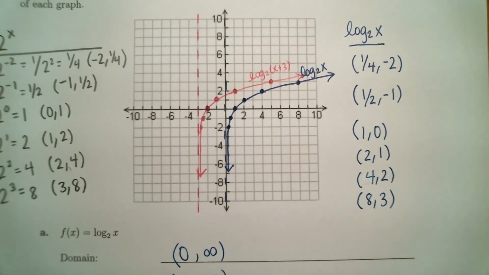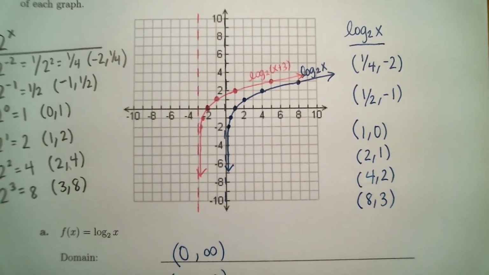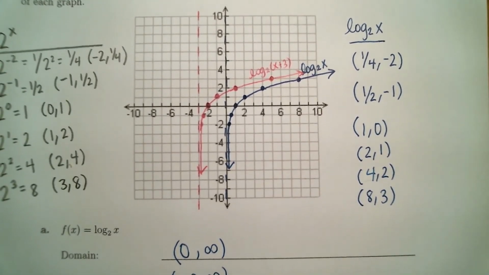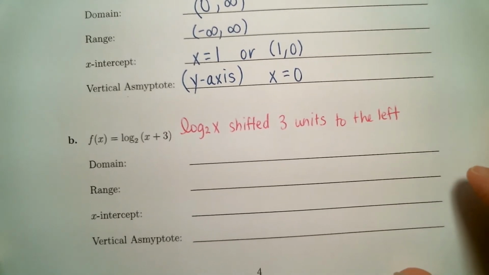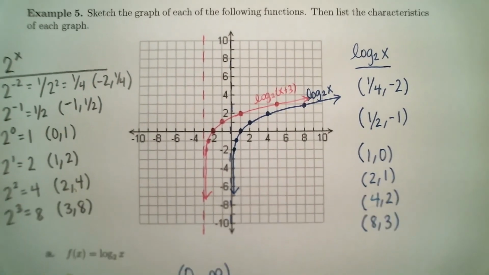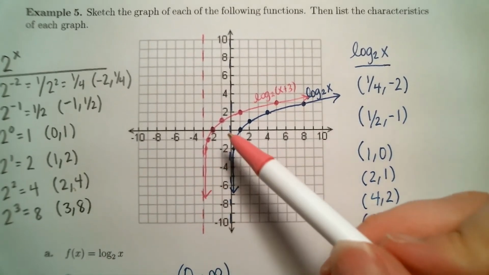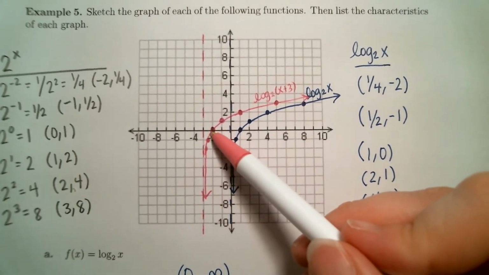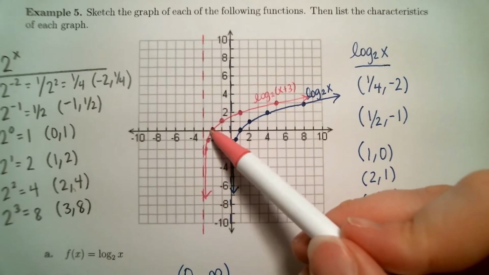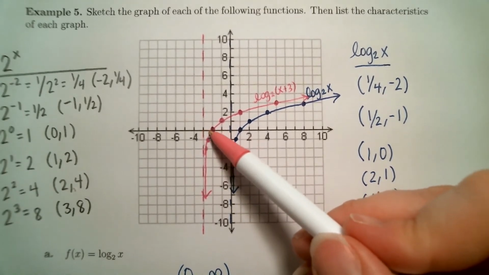Now we can go ahead and write down its attributes. First, we're going to look at domain and range. For the domain, we need to go from left to right. If you look at these points right here, your x values are getting closer and closer to -3.